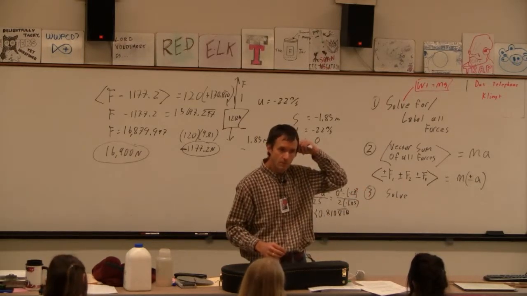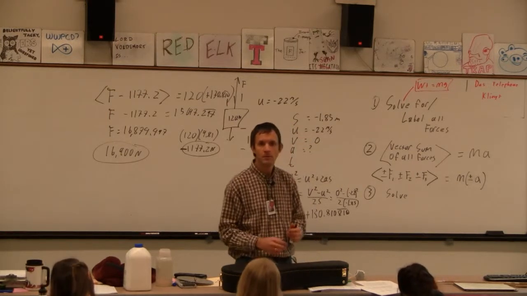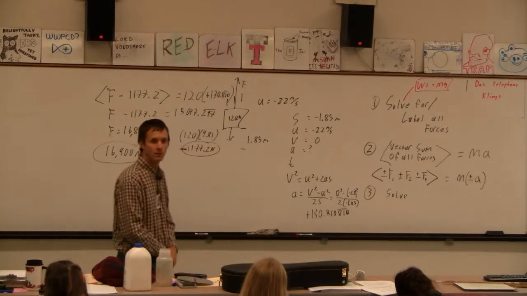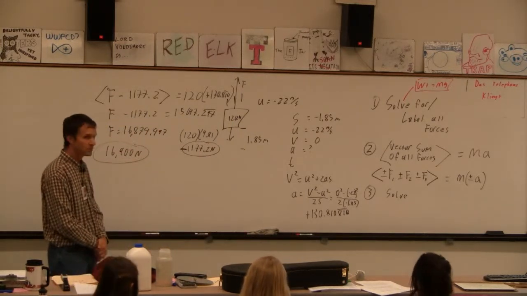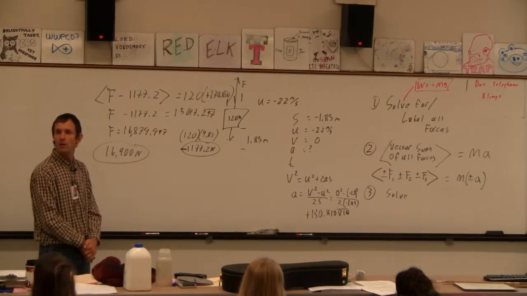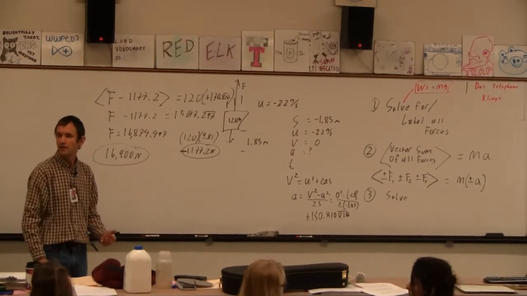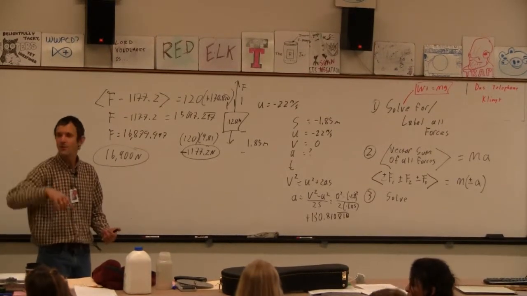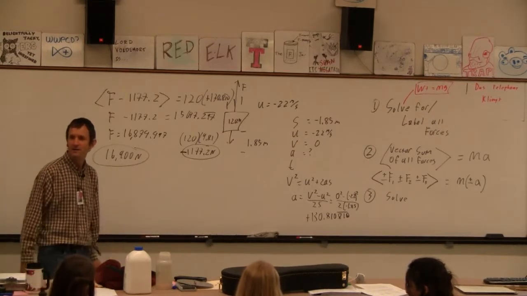Should I round it up? You'd say 16.9. Yes, because it's moving down as it stopped, right? I don't know what would happen if it moved up when it stopped. I think it would be bad.